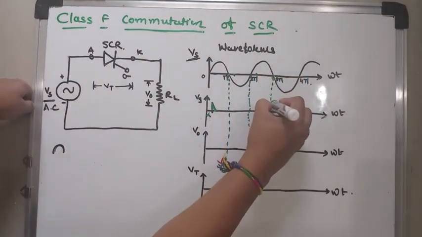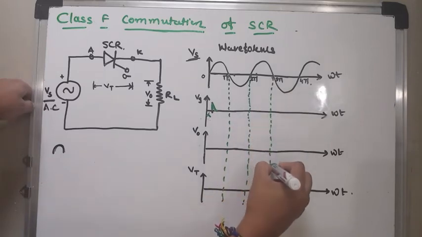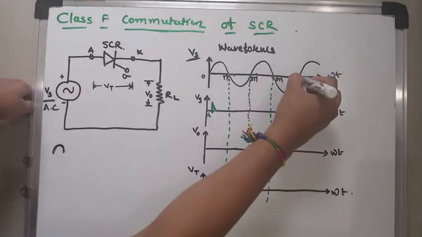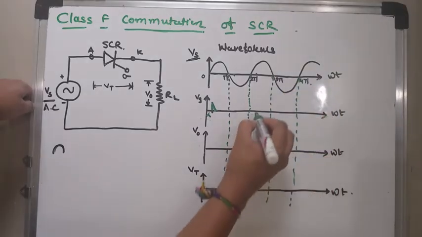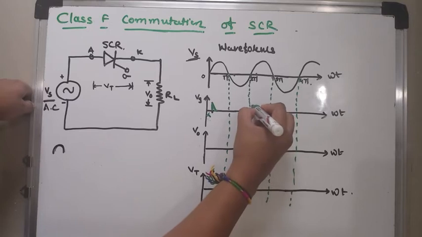So what will happen? The SCR is triggered and comes into the forward conduction mode at an angle of alpha.